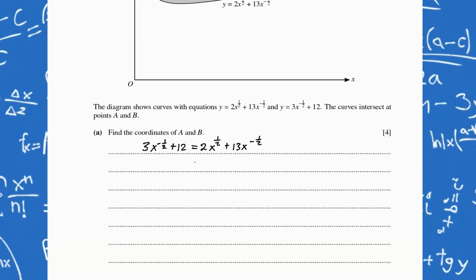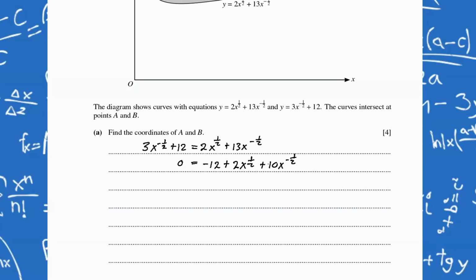If we take the 3x^(−1/2) to the other side, and the 12 again, we'll be having 0 here, and minus 12, plus 2x^(1/2), and plus 10x^(−1/2) if we subtract 3 from this one here.